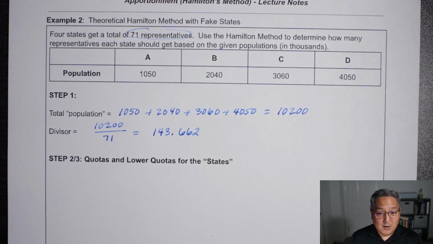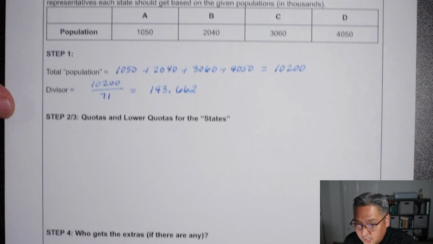Cool, right? We have our standard divisor, which an interpretation of this means that about every 143 people will sort of earn you a representative at the table. Okay, we'll now go through and find our quotas and lower quotas for each of these states here.